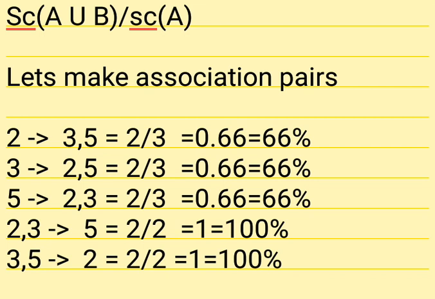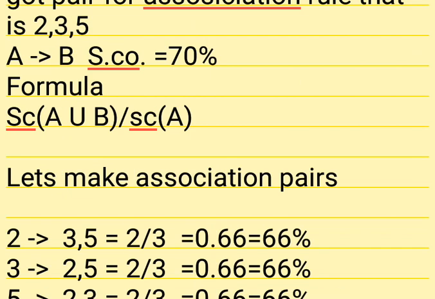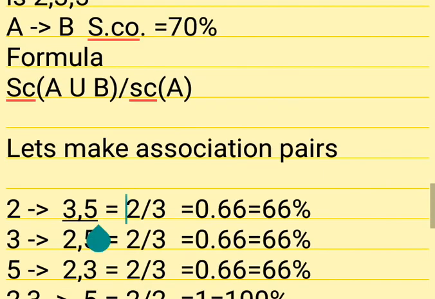How many possible rules can we make? Whatever is possible, we have to make those. Let's see, this is the association of 2, 3 and 5. 2 3 5 has count 2, so 2 comes here. How does this 3 come?